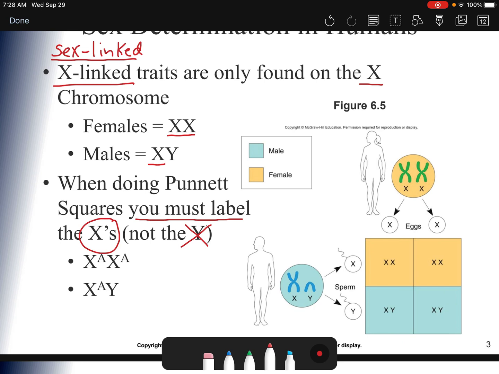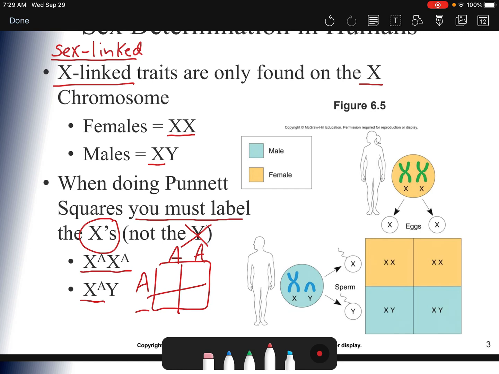You can see that we labeled both of the X's on the mom, but we only labeled the X here on the dad, and there's nothing on the Y, okay? So you can't just go and do this like we used to. Then what would you put down here, okay?